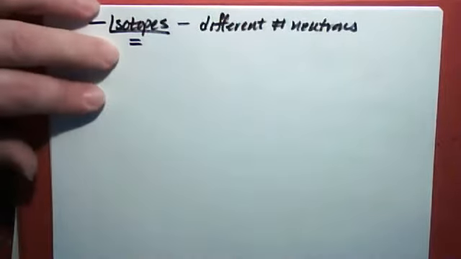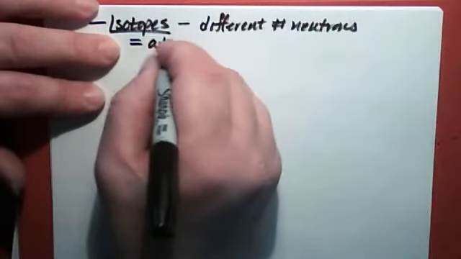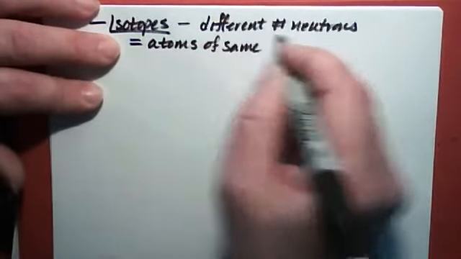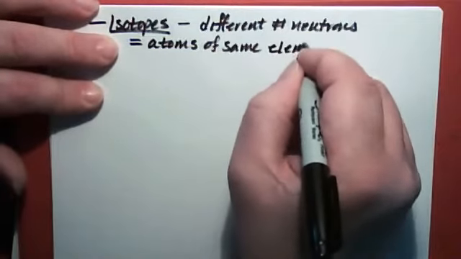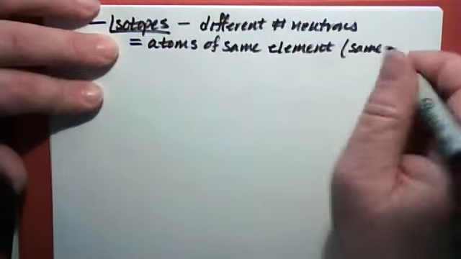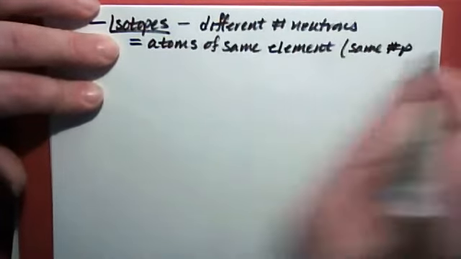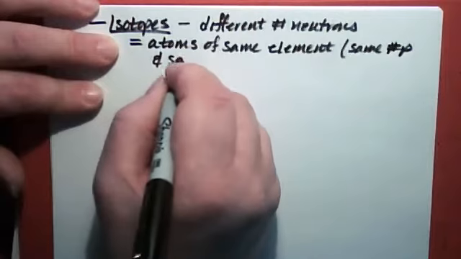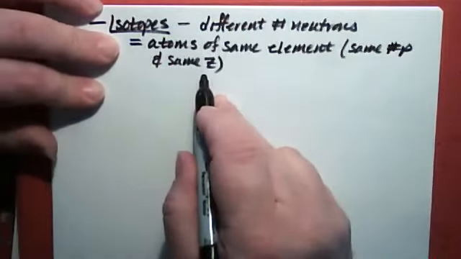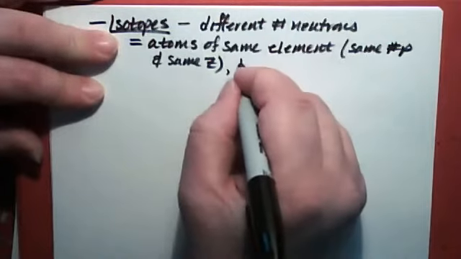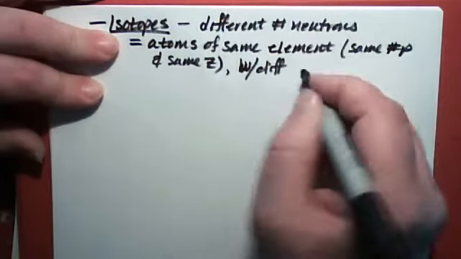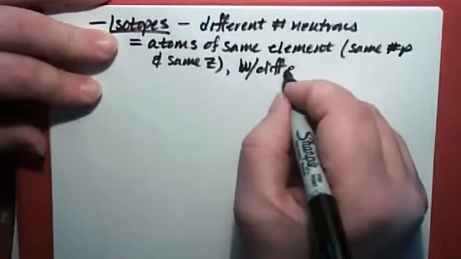Isotopes, in a more exact definition, are atoms of the same element, which means they have the same number of protons and the same atomic number, that happen to have different numbers of neutrons.